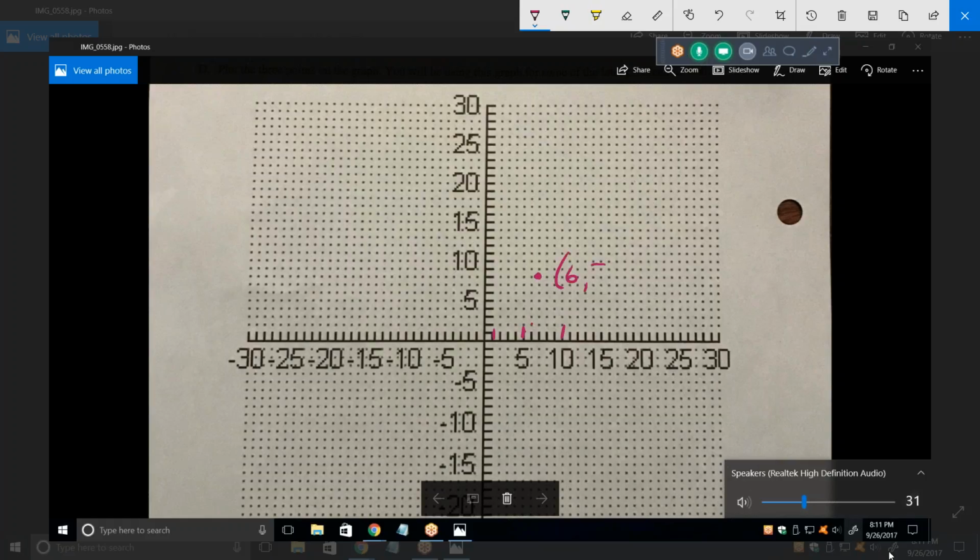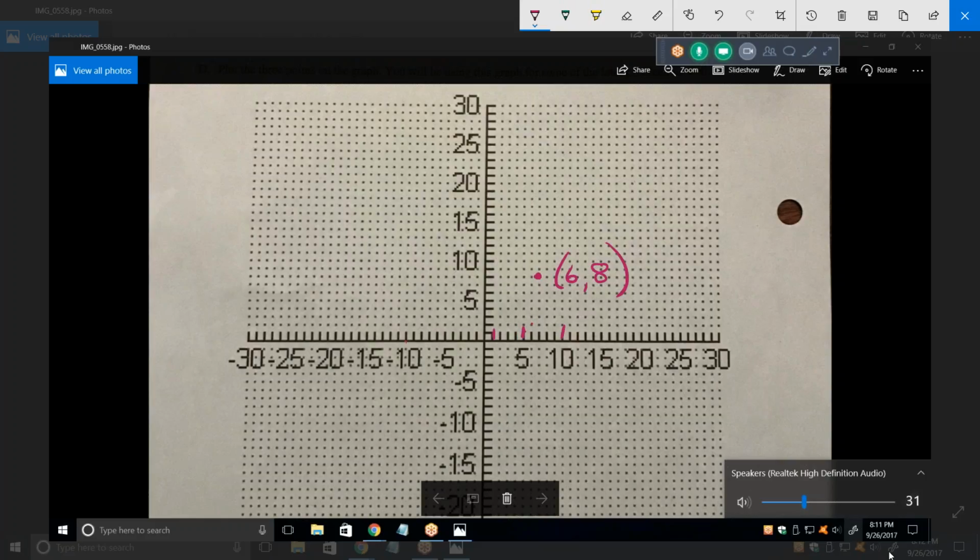Second point, what was it? Negative 10, 12. Okay, negative 10. There's no excuse for that. There's no excuse why they make you have to count. 1, 2, 3, 4, 5. 1, 2, 3, 4, 5.